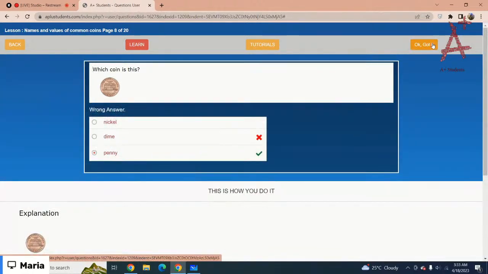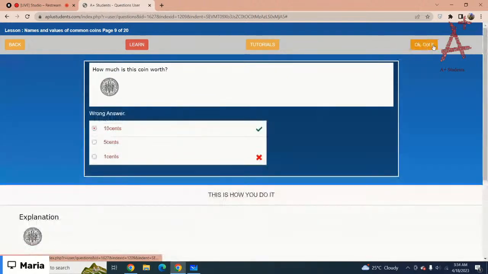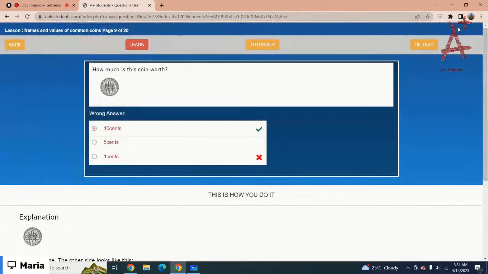Oh, that is penny. Okay, how much worth is the coin? I think it would be dime and it is just 1 cent. Oh, that is 10 cents. And let's see, it is dime and dime is 10 cents. Got it?